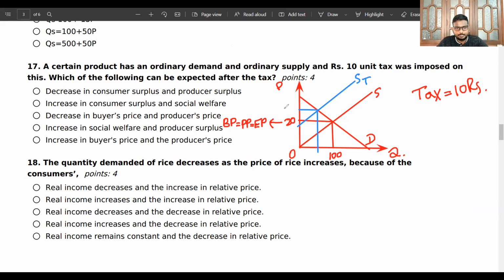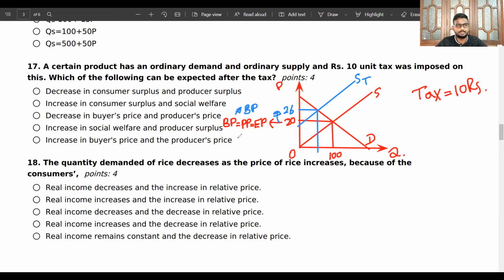Let's say the new equilibrium price is 26 rupees. What has happened now is, simply put, the consumer is going to pay a higher price. Earlier, the consumer was paying only 20. Now, the consumer is paying 26. So the consumer's price, that is the buyer price, has gone up by 6 rupees.